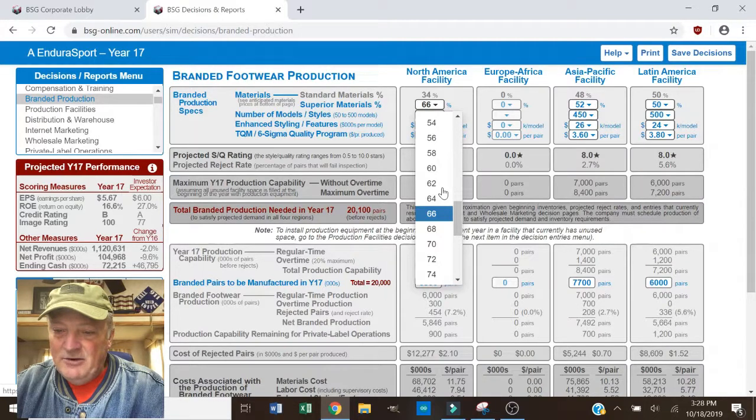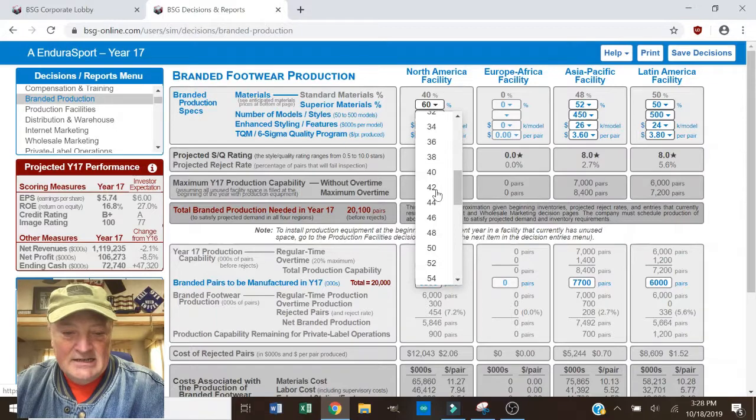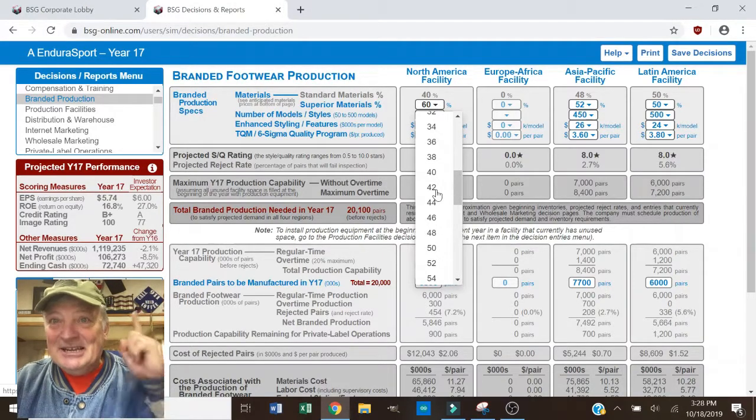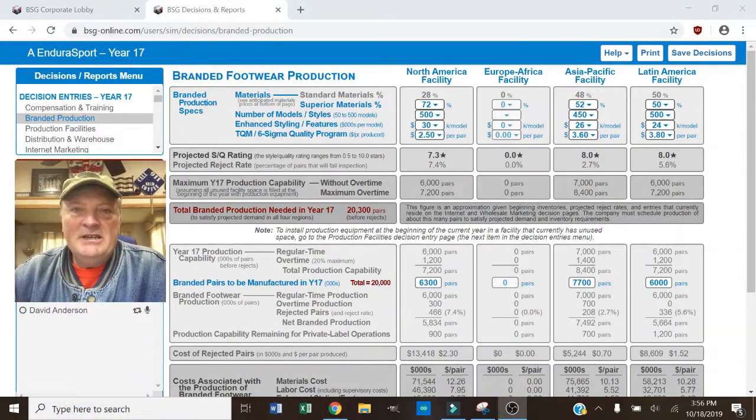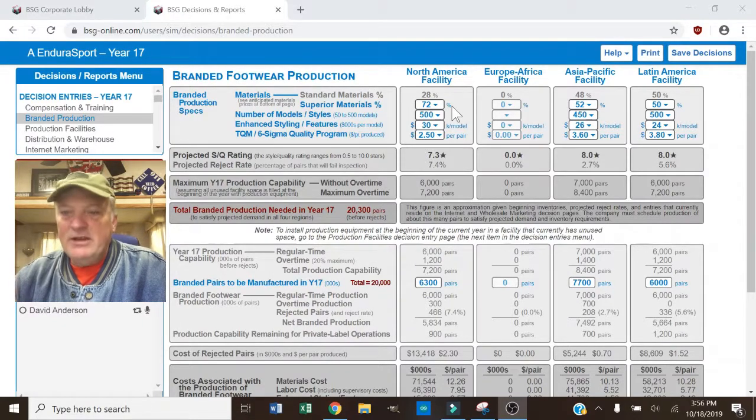Sometimes I can get away with dropping it down 3, sometimes not. I'm at 6. 72,600. It's still going up. So we continue to play with the materials, the enhanced styling features, and the total quality management until we can get to that lowest cost.